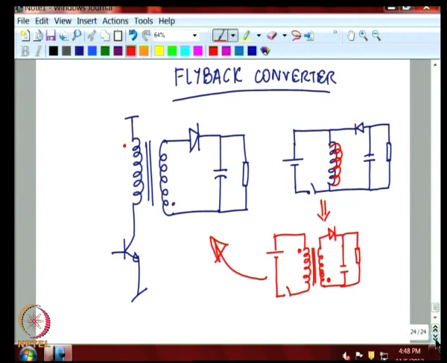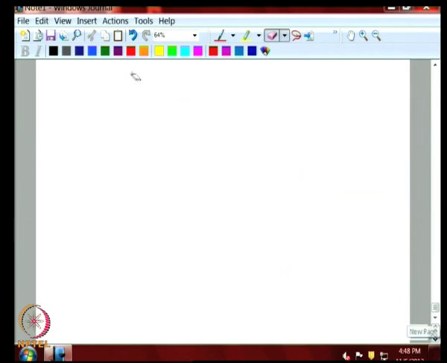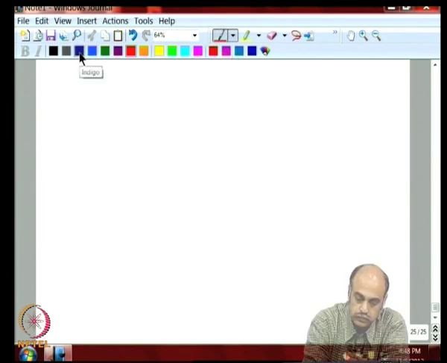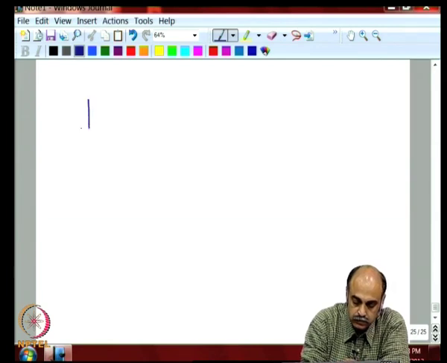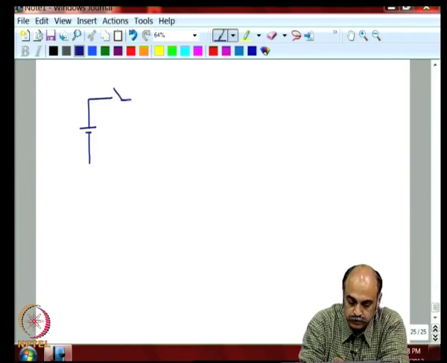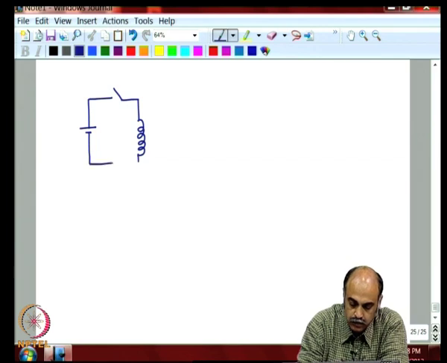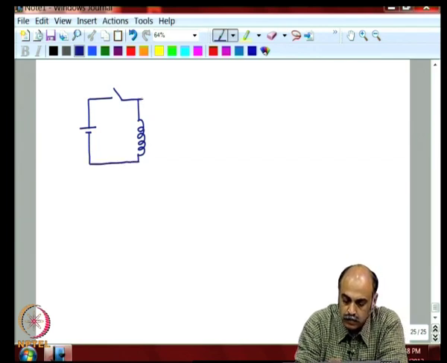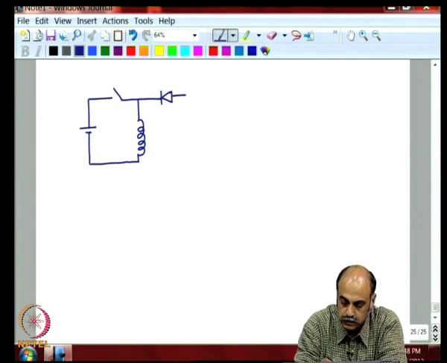So, the process would be to start with a buck boost converter like this.